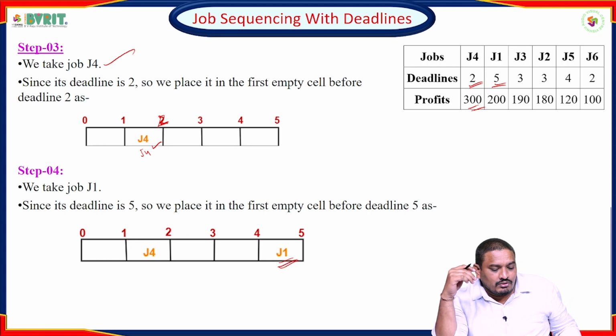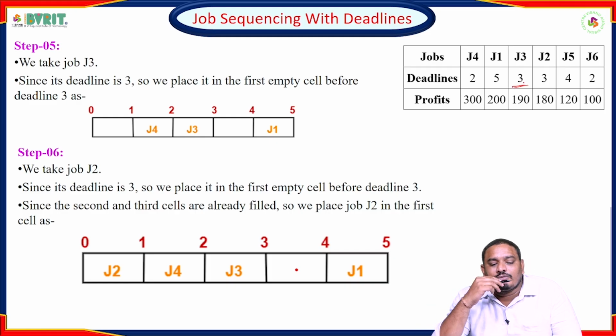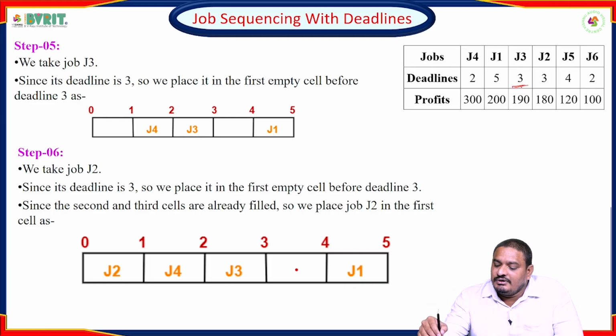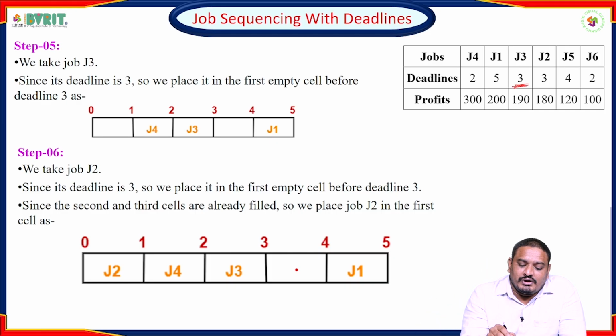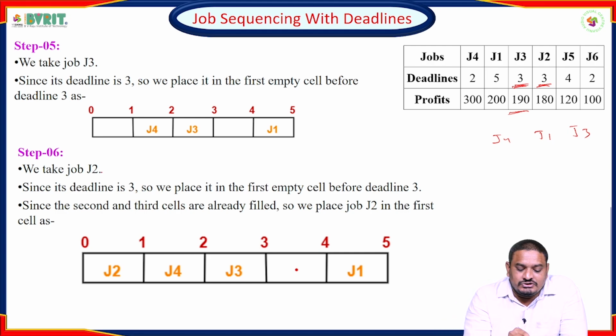Now, next step, we can take the job 3. Job 3 is completed with the deadline 3. So, we can place the J3, and also earn some profit. First J4, next J1, next J3. Next, we can take J2, but the deadline is already over.